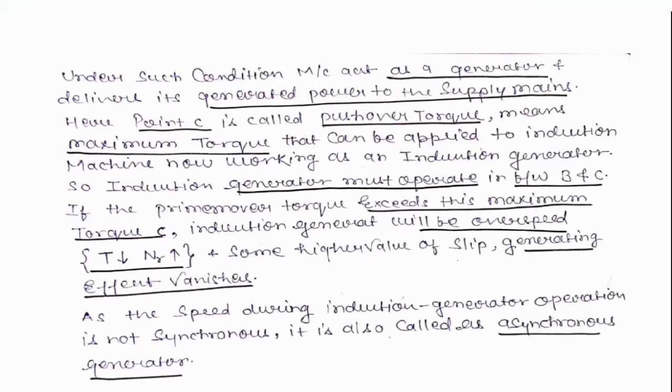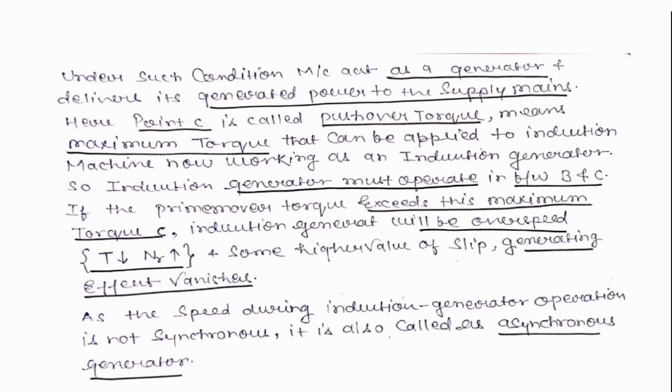In that case it is the action of a generator. If the direction of the prime mover torque and the direction of the rotor torque are the same, then this is the operation of a motor.